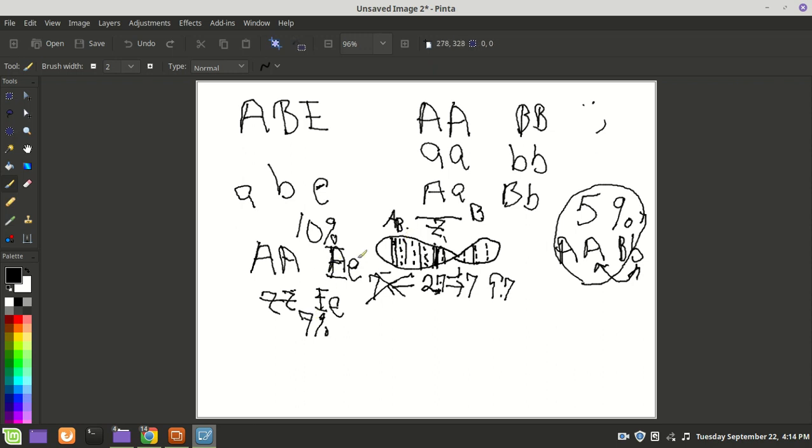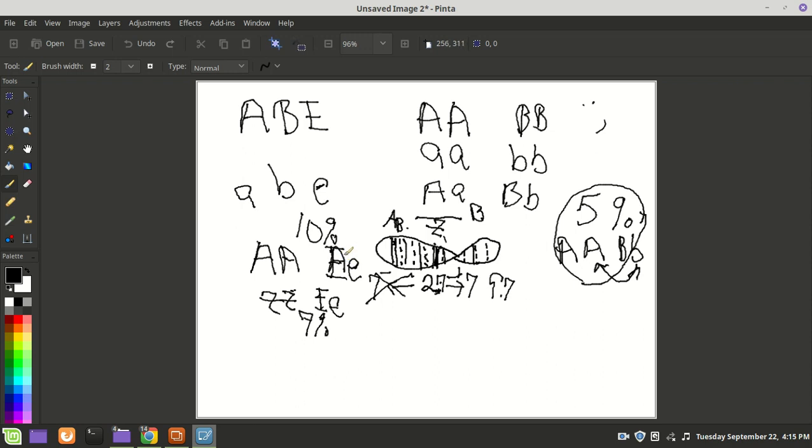But the idea here is, I hope you understand that along this single chromosome, you're going to have some crossing over, and when you find certain changes in the genotypes of your organism, and you calculate them, and you're getting these weird numbers that you shouldn't get.